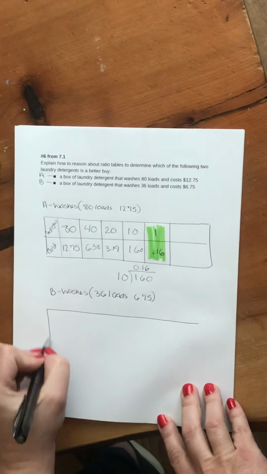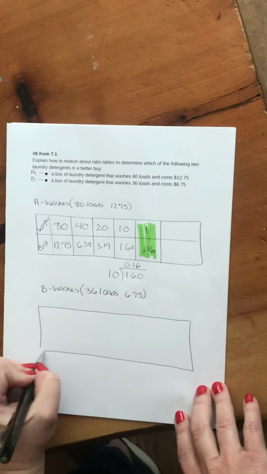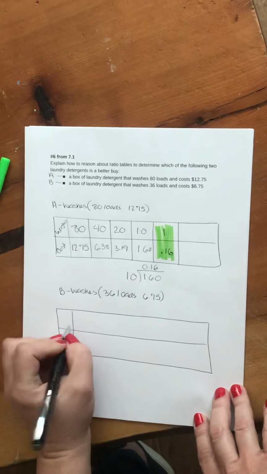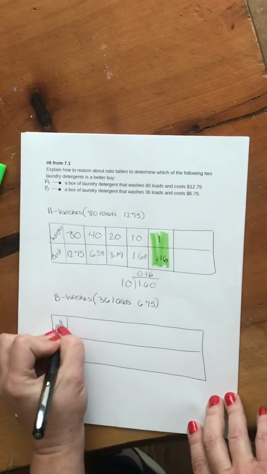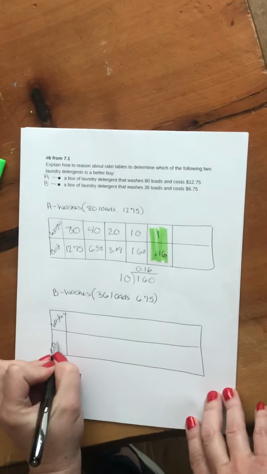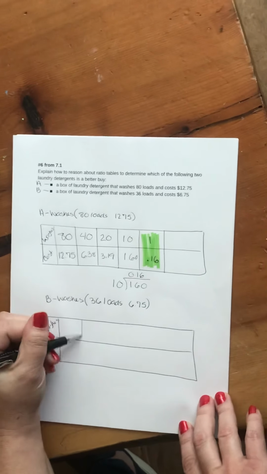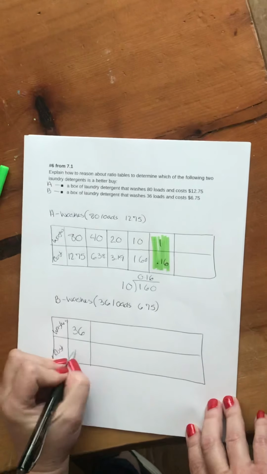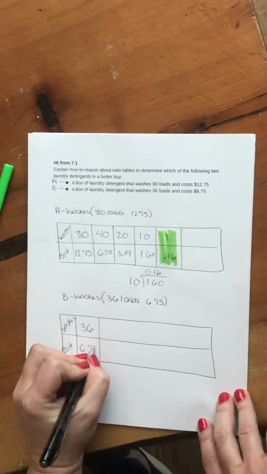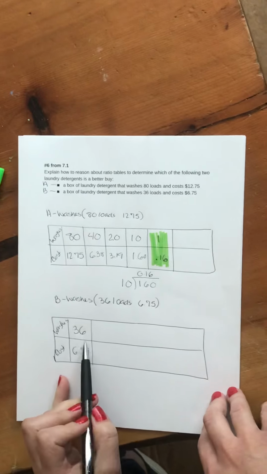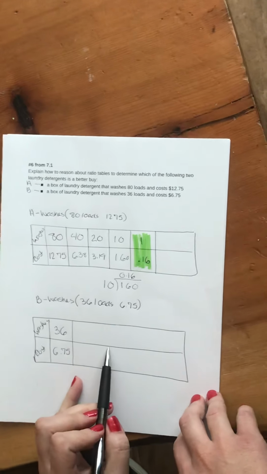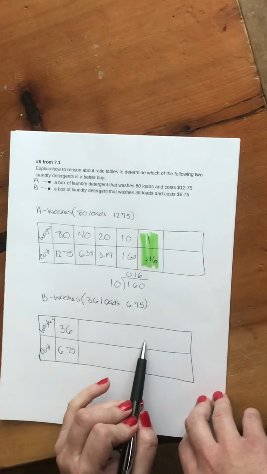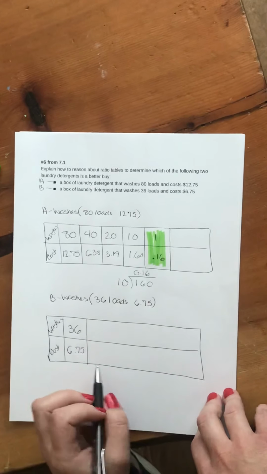And we're going to go ahead and make another ratio table in the same way, with the top area being washes and the bottom being the cost. And we are starting with the given 36 loads for $6.75, and we're again going to scale down by halves until we can get low enough to figure out what the one load situation is.